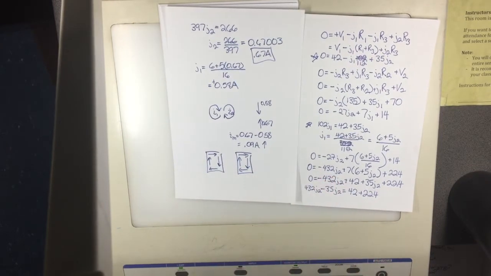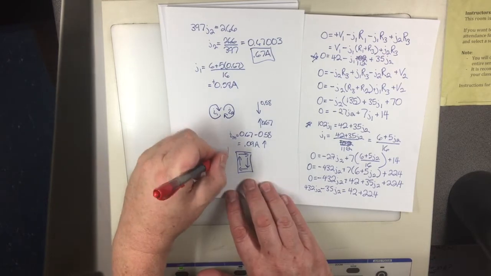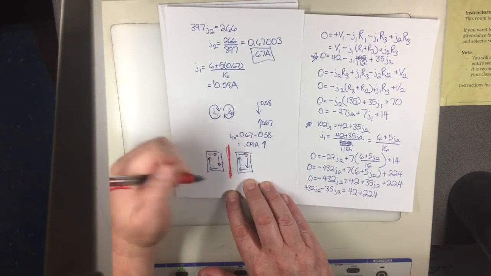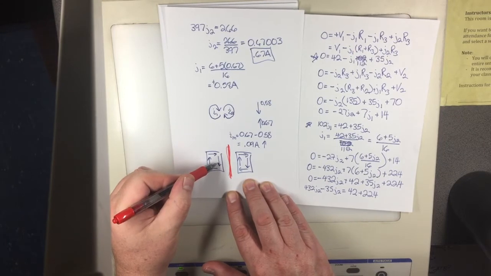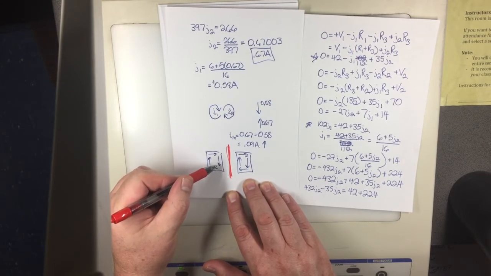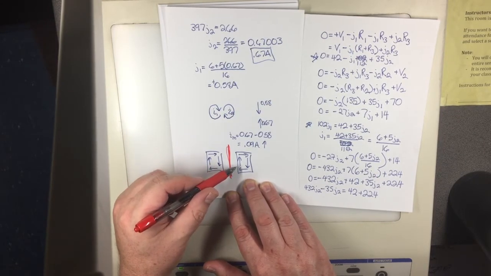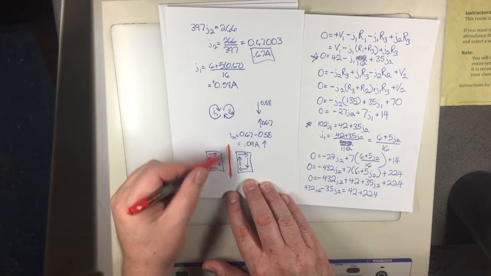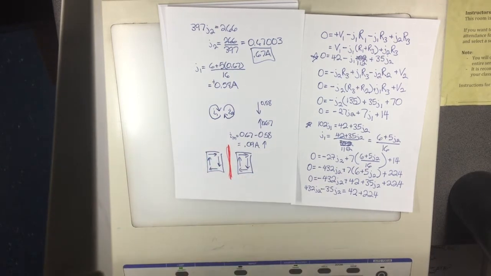When you look through those boxes in this middle region, the left loop has current going down. The right loop has current going up at that middle region. And so that's why.